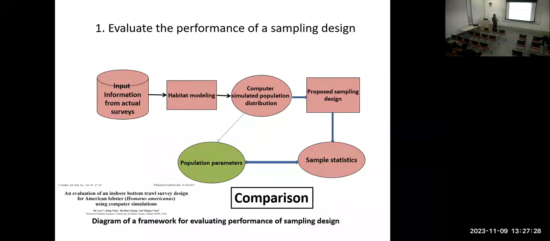With those distributions, we can test a suite of proposed sampling strategies, do the comparisons, and eventually identify the optimum one, which we call a cost-effective sampling strategy. That's the diagram that we often use when we evaluate a survey program or a sampling program.